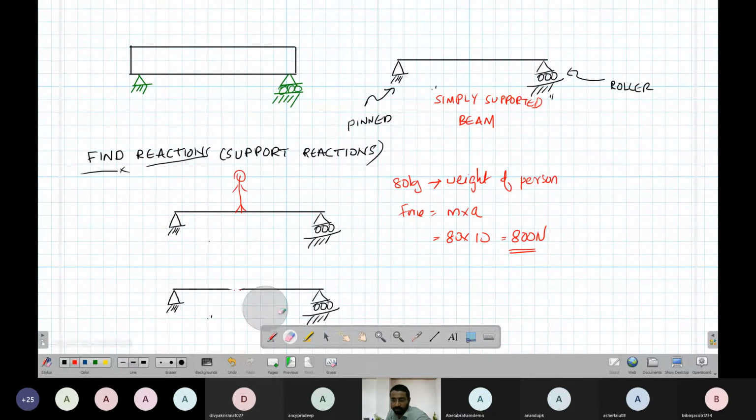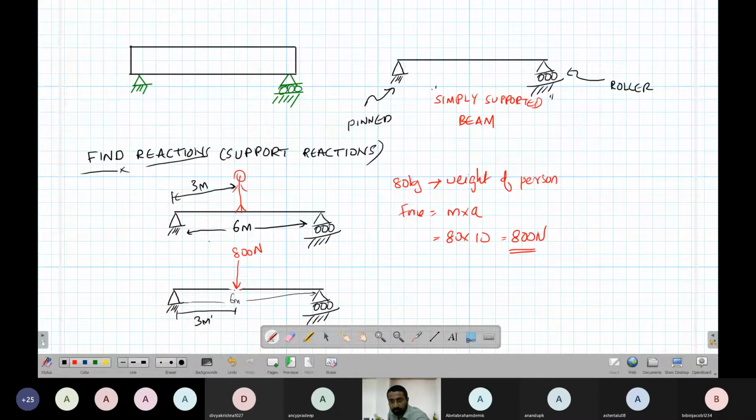I can simply represent it like this, 800 Newton. Let's say the length of the bridge is 6 meters, and he is standing at 3 meters. So this is 3 meters and the total length is 6 meters. Now what would be the reaction?